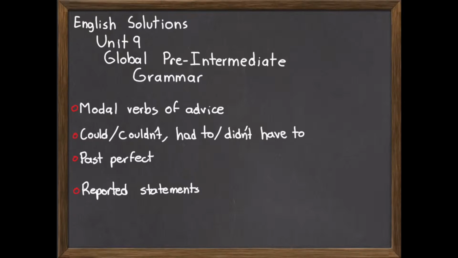We will also look at could, couldn't, had to, and didn't have to, and how we use these words. We're just going to see a few examples. Now, we're also going to look at past perfect and reported statements, or when we say what another person says. So, let's begin.